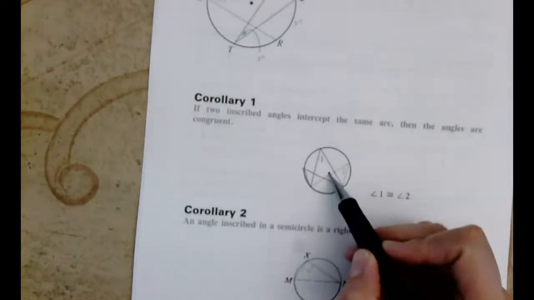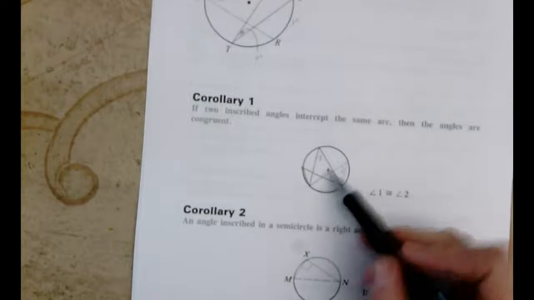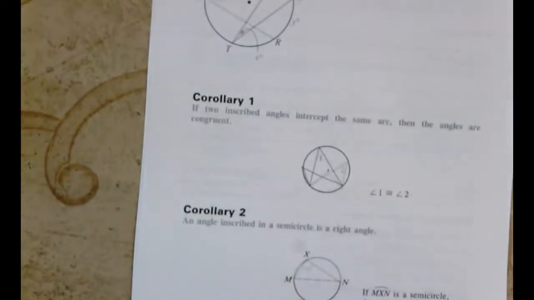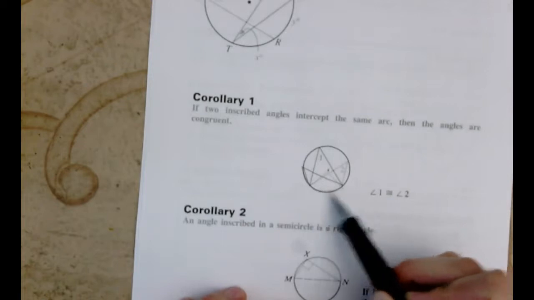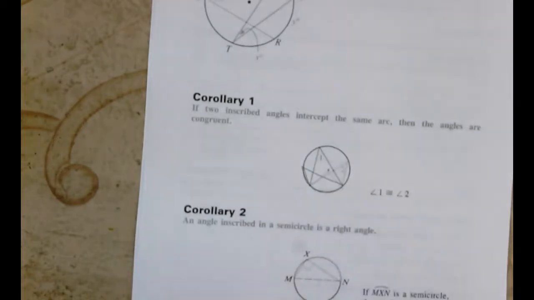You can do the proofs that we did on the previous page. So if they come from the same arc, any inscribed angles are congruent.